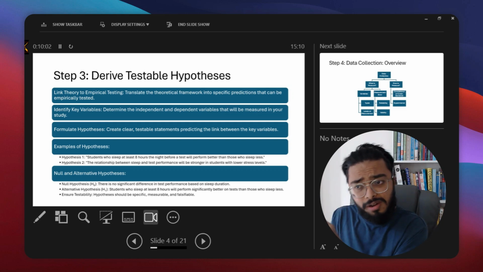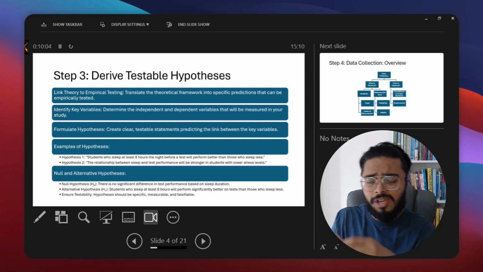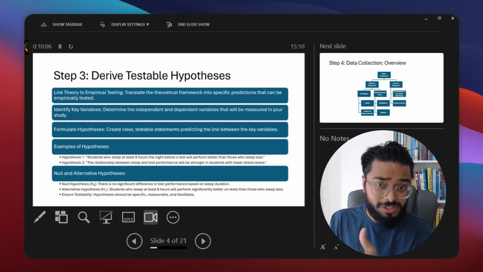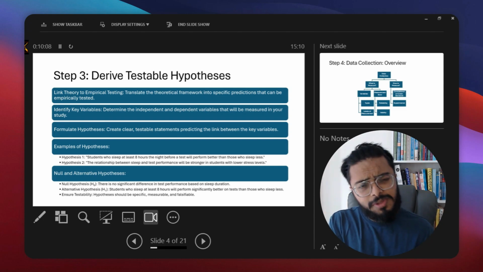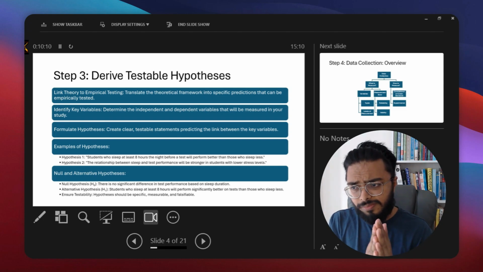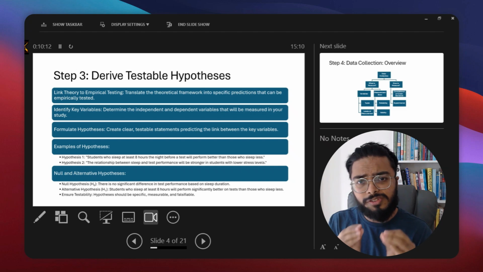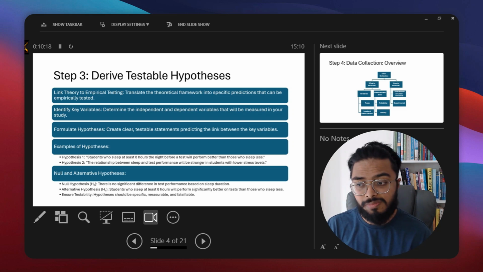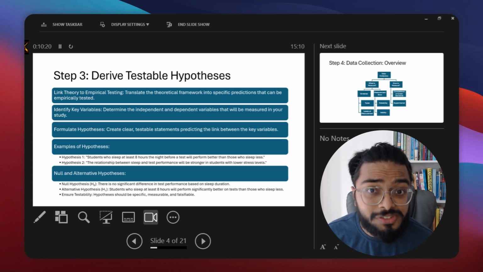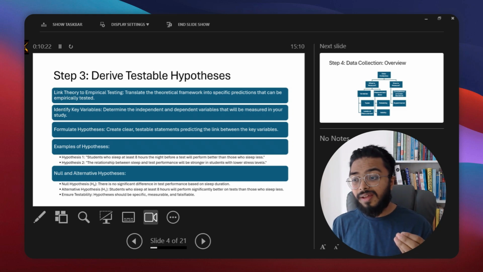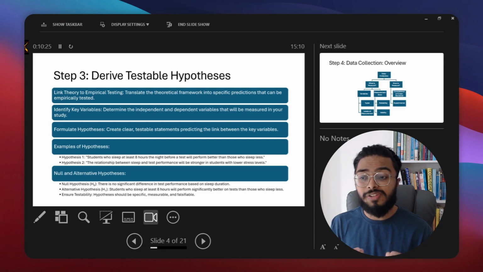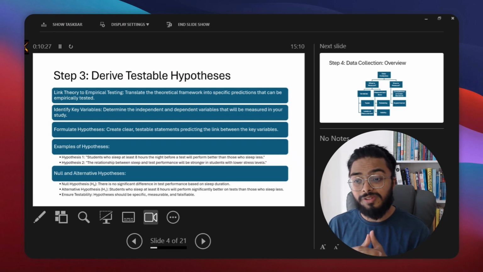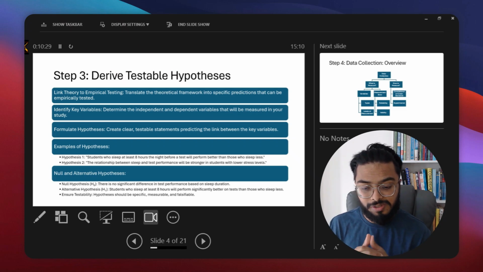So although we are creating our own explanation, which is theory, and we are deriving some hypothesis, the first thing we need to assume is that there is no relationship and that we are wrong. Maybe there is no relationship. That's what null hypothesis is about, that there is no significant difference in test performance based on sleep duration.